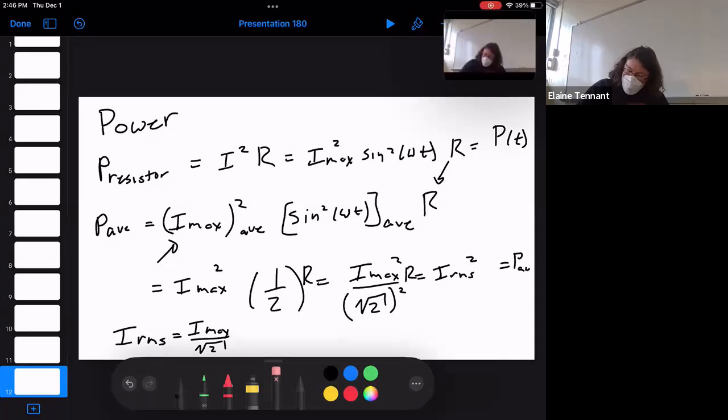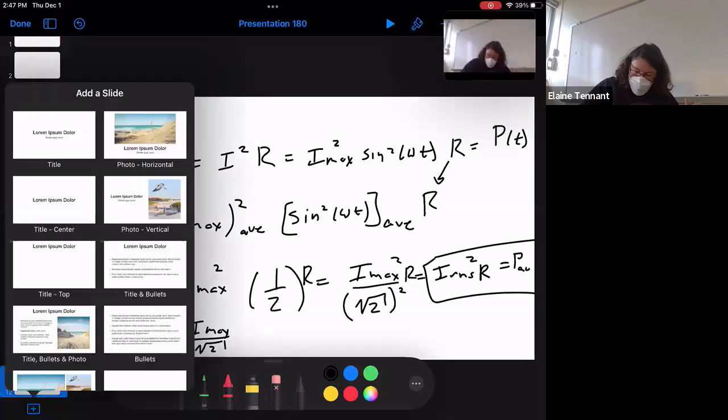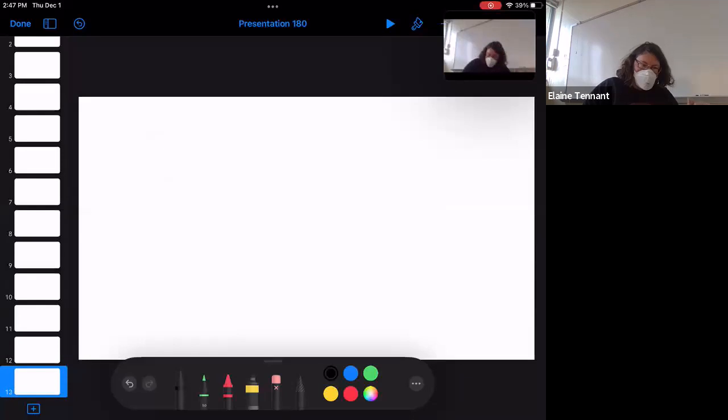Okay, cool. Average power through my resistor. So that's how you deal with your resistor. It's just burning power at an average I RMS squared times the resistance. Okay, now let's look at the more complicated components.